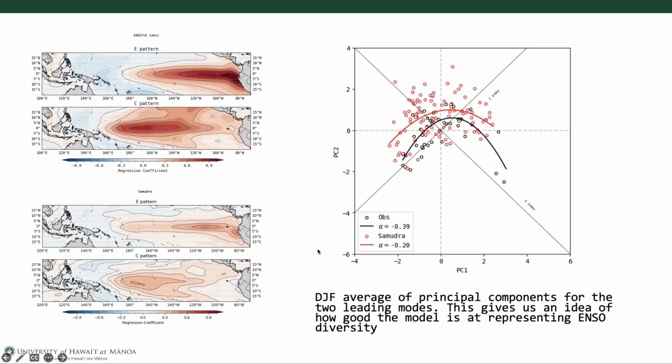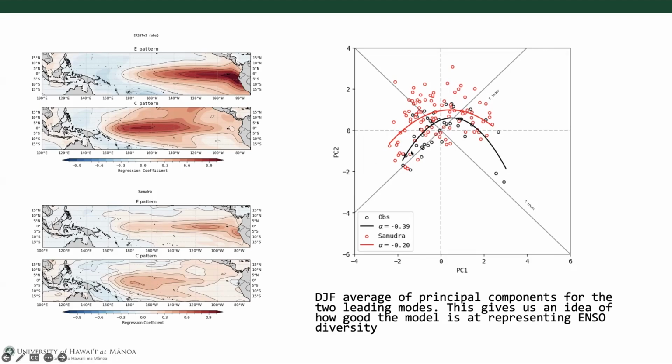The plot on the right is a little more complex, but basically we are doing a principal component analysis. We have PC1 and PC2. This is an easy way to assess ENSO diversity. On this diagonal axis, you can see my mouse, we have the eastern pattern, which is the E index, and this one is the C pattern, the C index, which is really small.